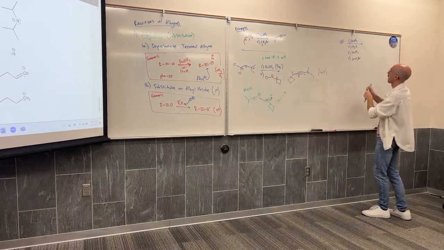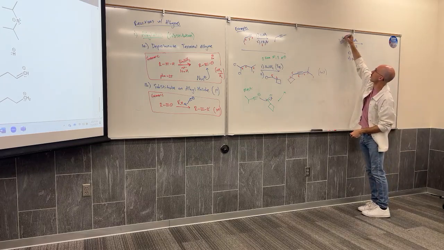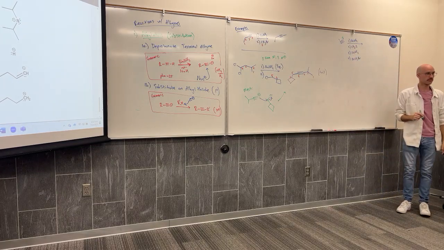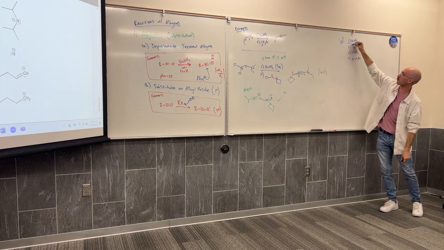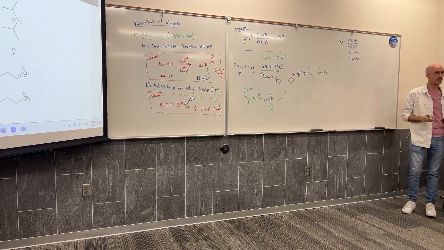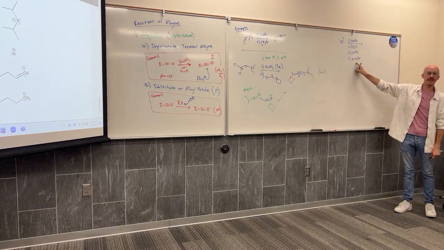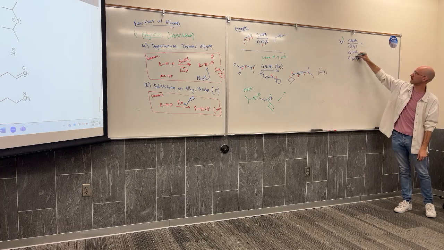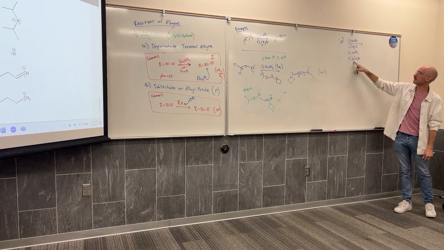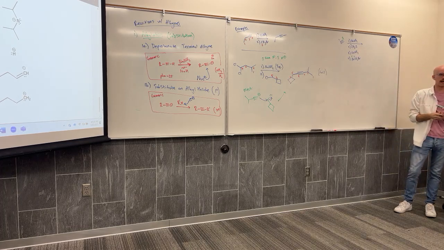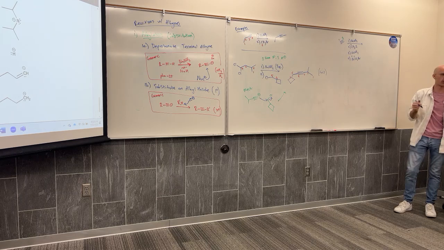So I'm going to look at these as carbon 1 and carbon 2. I'm adding in this methyl group, so that'll be carbon 3. And then I'm adding in this benzyl group, so that'll be carbon 4, and the benzene ring would be carbon 5, or group 5.